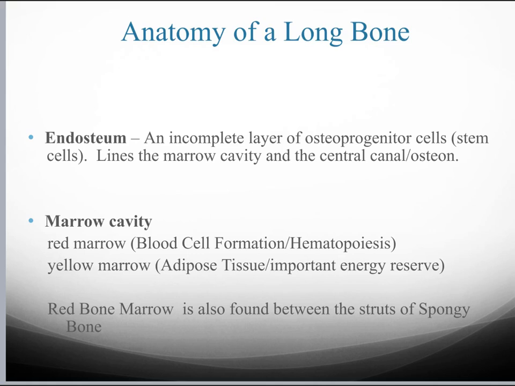So we have red bone marrow, which is our blood cell formation, so our site of hematopoiesis, where we're forming all our different red blood cells, white blood cells, and platelets. We have our yellow or pink marrow, which is essentially adipose tissue. It's lipids. It's where we're keeping an important energy reserve. Now, typically, red bone marrow is going to be found between the trabeculae of the spongy bone, and again towards the end of long bones and within flat bones.